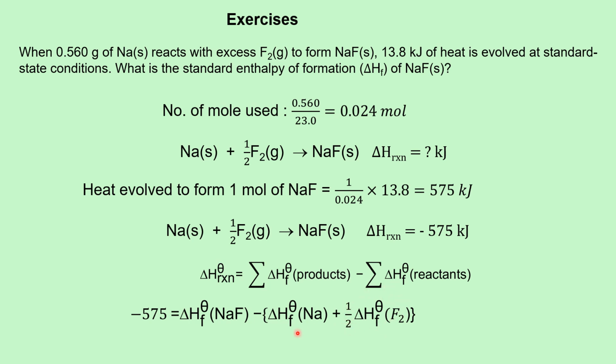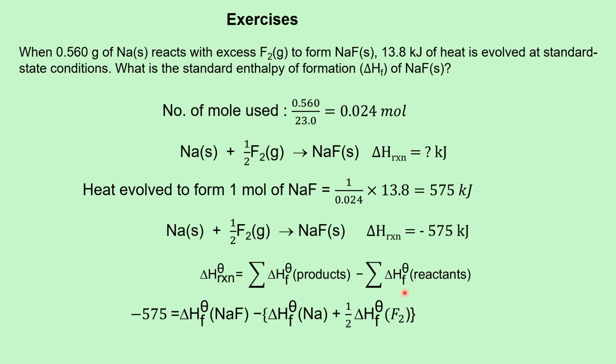Remember, you have to know the standard condition for certain products or reactants. So sodium exists as Na in the solid form, so this value is equal to 0. Same thing for fluorine, it must exist as F2, meaning 2 atoms are needed at standard condition to form fluorine gas.